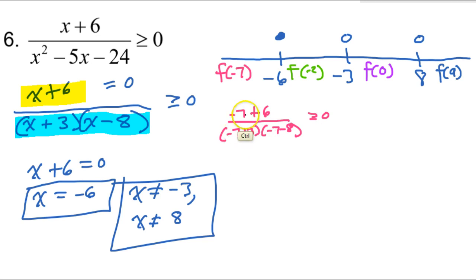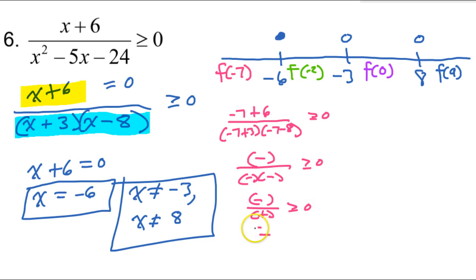So I'm going to have a negative in the numerator, and then I've got a negative times a negative. Well, that's a negative divided by a positive. So that's a negative. Is a negative going to be greater than or equal to 0? No. So that means that there are no solutions in that first interval.